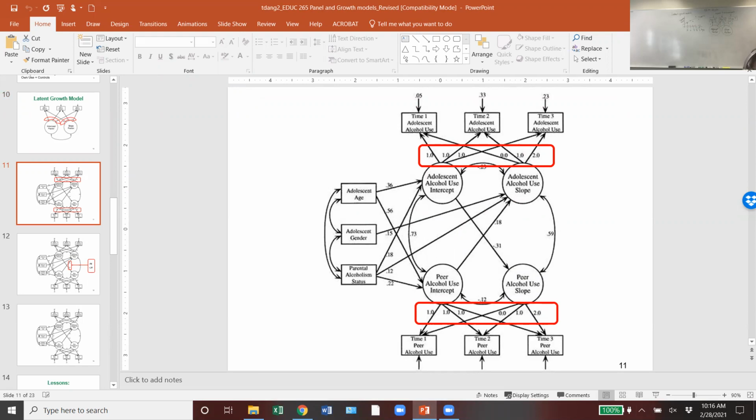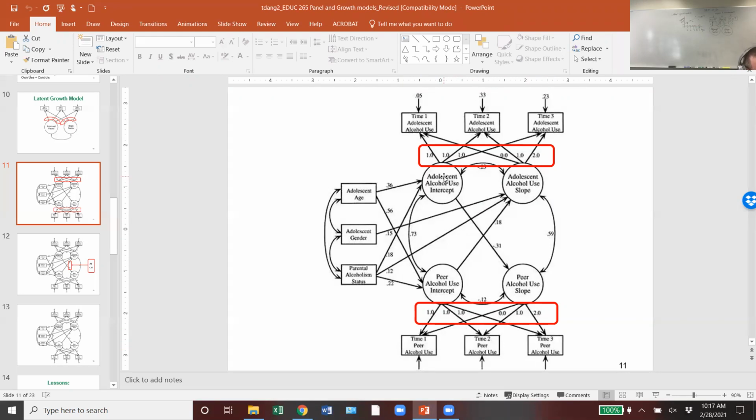And this model is of the reciprocal relationships between adolescent alcohol use across the top, and peer alcohol use across the bottom. So it's a longitudinal study. You've got 3 measures of alcohol use, time 1, time 2, time 3. And then you also have reports from those same kids of alcohol use of their peers, time 1, time 2, time 3.